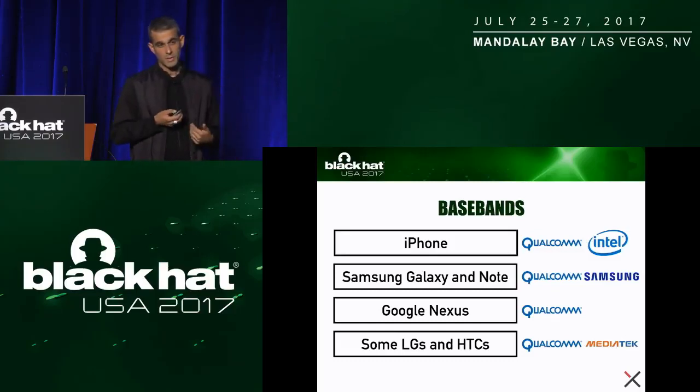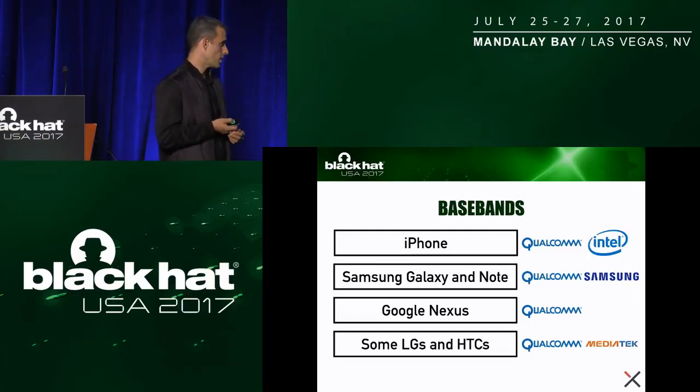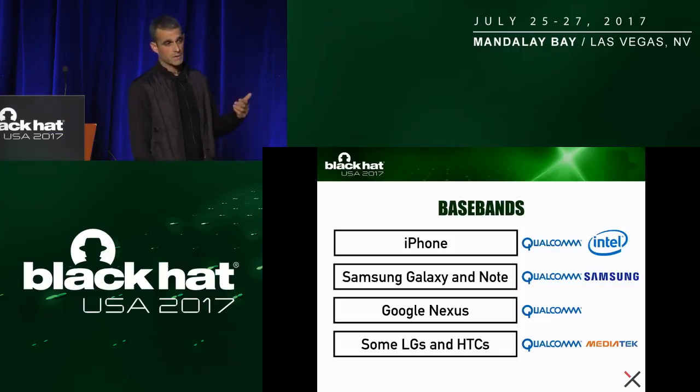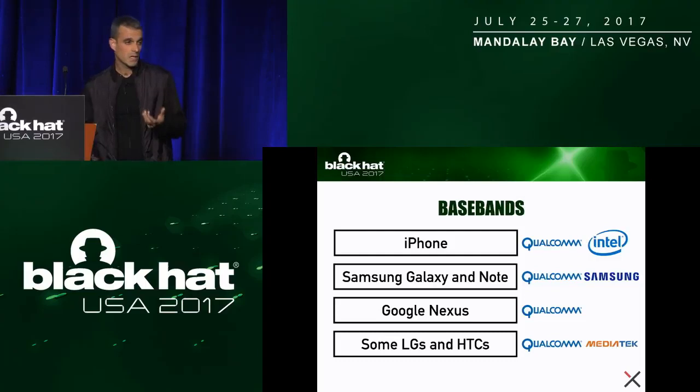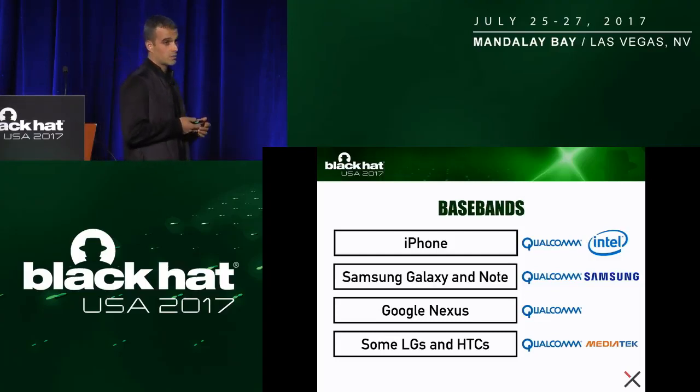Samsung have moved to the Shannon basebands. Google Nexus are still with Qualcomm, but other lower end LGs and HTCs have moved to MediaTek. So if you develop an exploit or find a bug in a baseband, that would not get you very far in terms of the percentage of devices you would be able to attack.